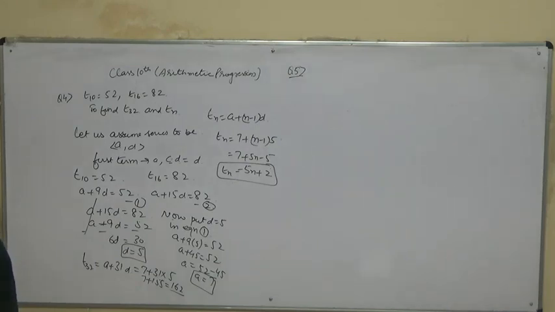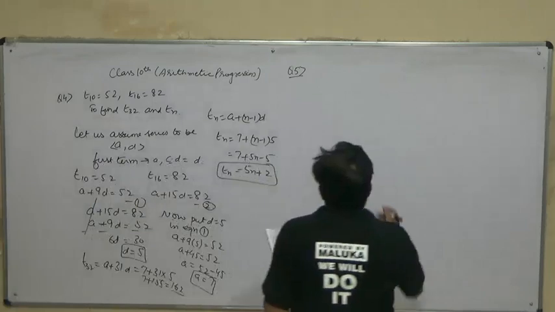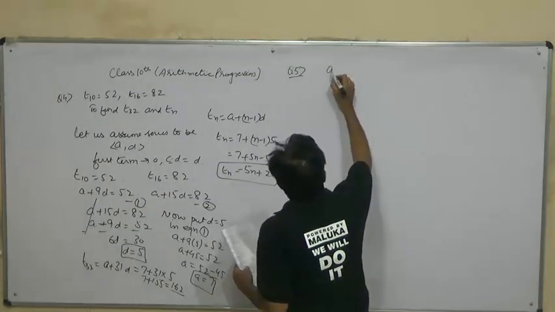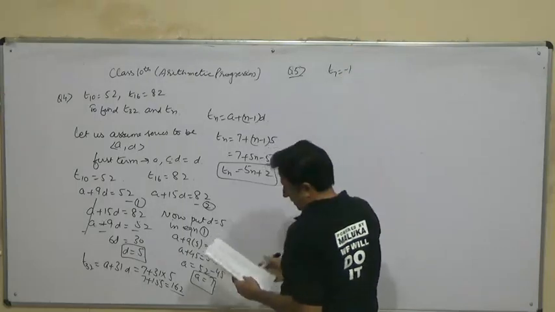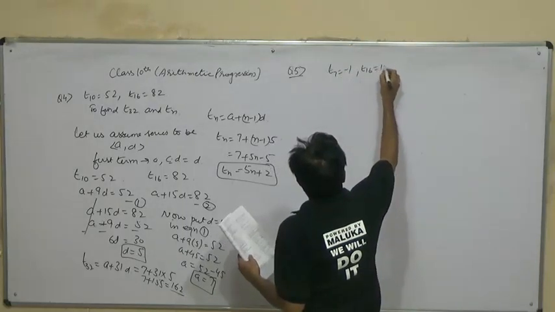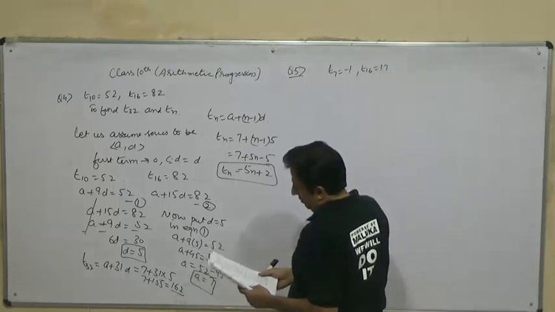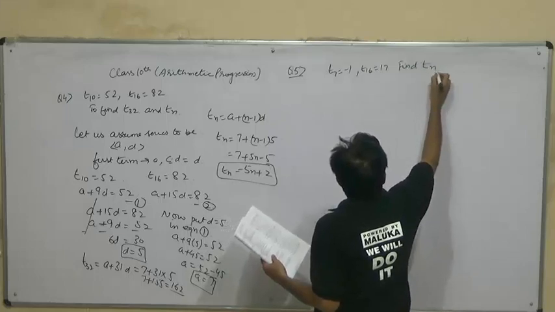So here we are given T7 is equal to -1, the 16th term is 17, and we want to find Tn, the general term.